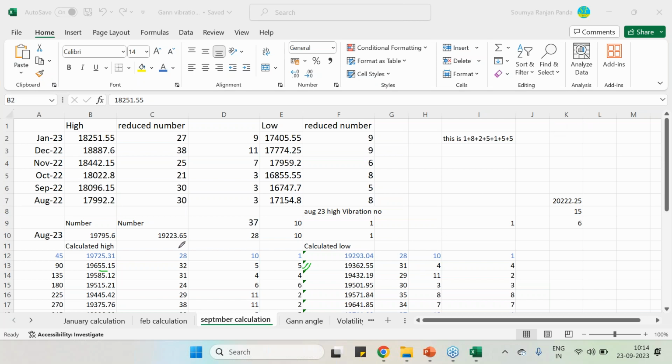You have to find out from a swing point: a high, a low, a monthly high, a monthly low, a yearly high, a yearly low. Then 45 multiples for monthly. You have to go for 300, 360 degrees. For intraday levels, you have to go for 7.5-degree multiples.